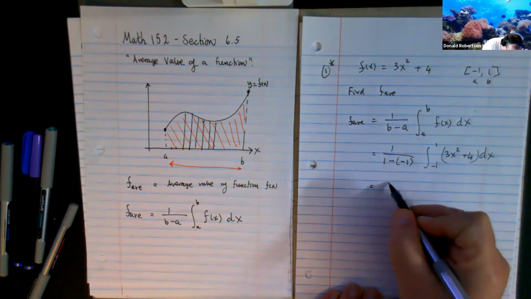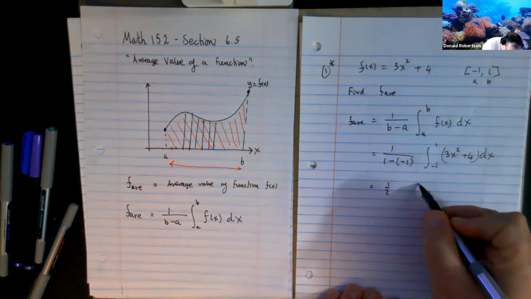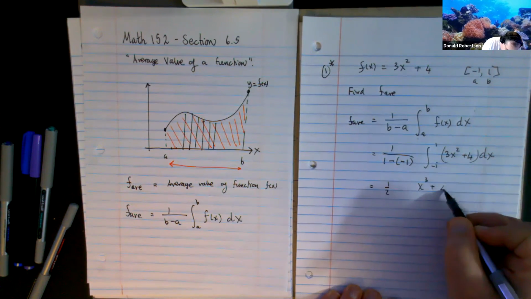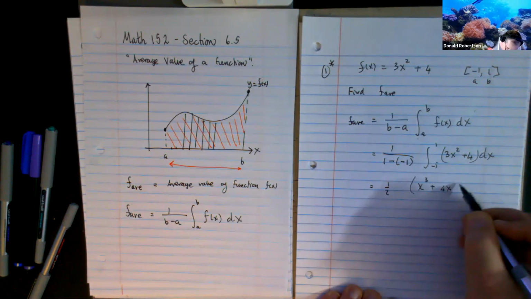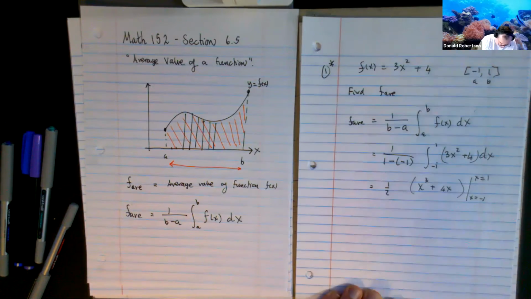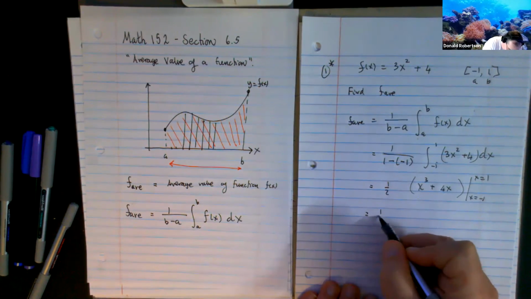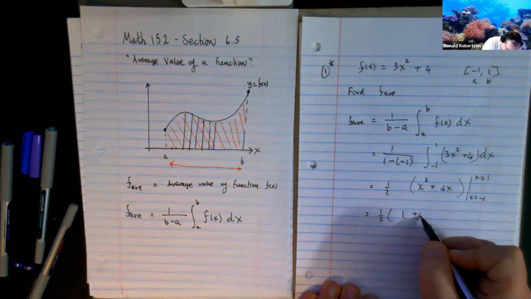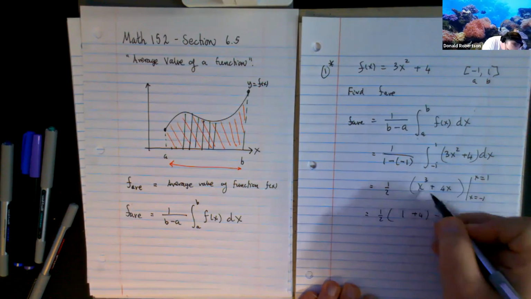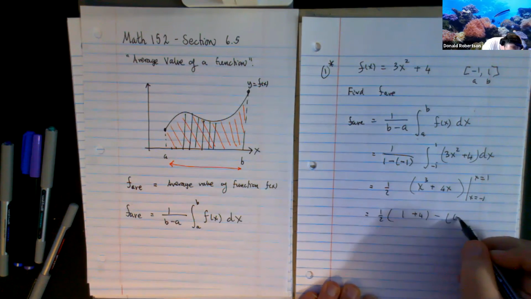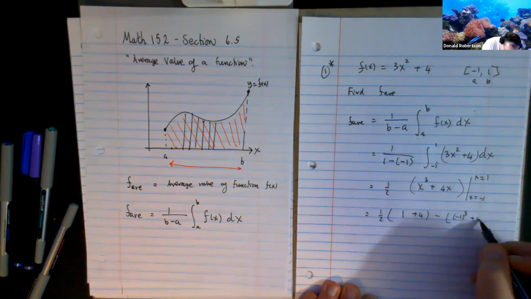This is a half. Power rule. Add 1 to the power, divide by new power. Evaluated at -1 and at 1. If you plug in 1, you get 1 plus 4. Take away if you plug in -1. It's a bit messier. -1 cubed plus 4 lots of -1.